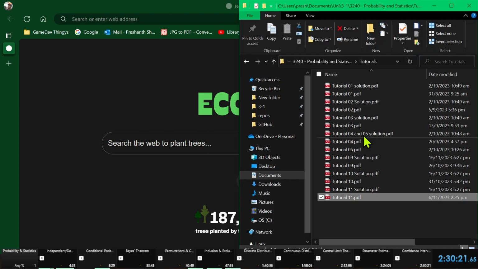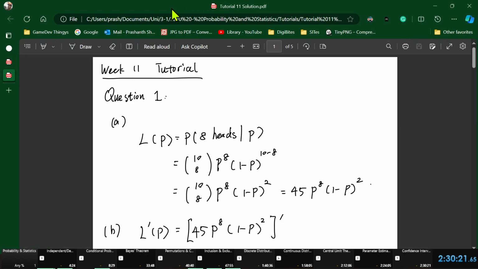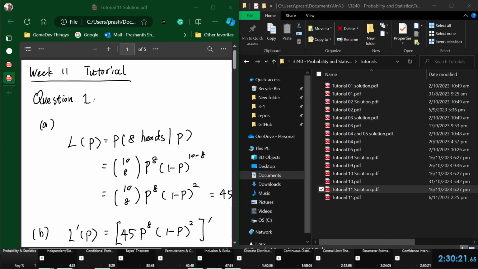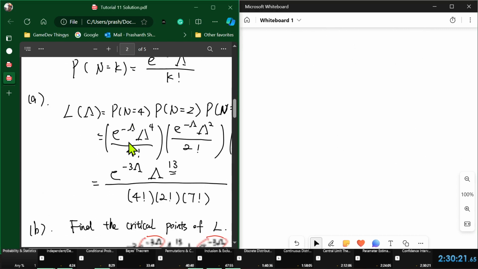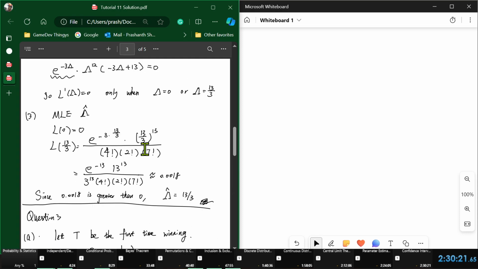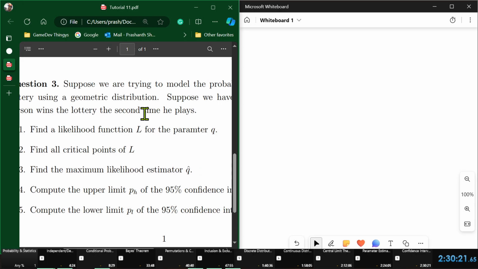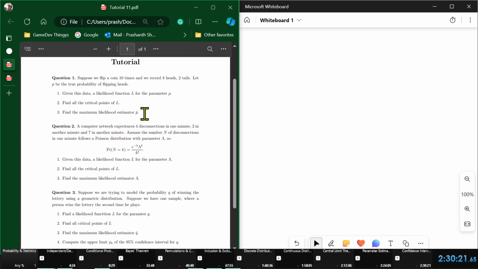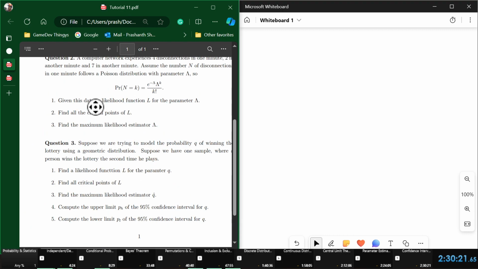Here we have tutorial 11 and the tutorial 11 solution. And we've got the whiteboard. Because question 3 is the question of this tutorial, and I'm almost certain about that.